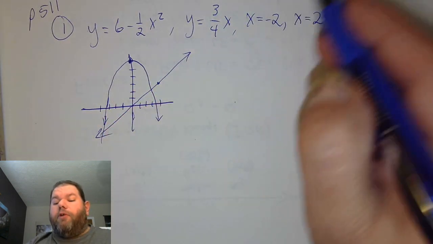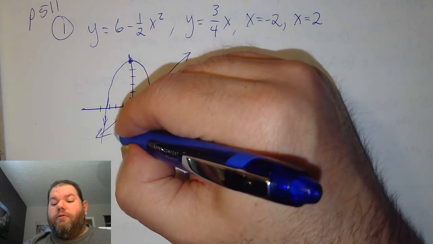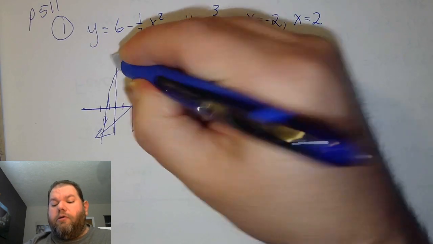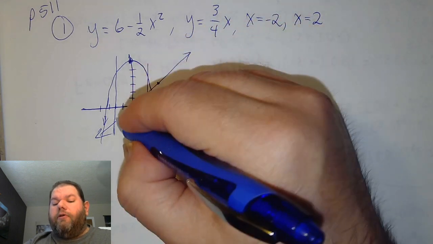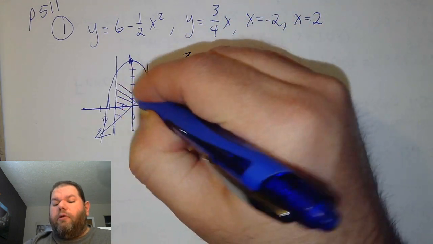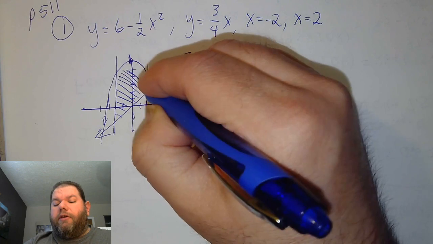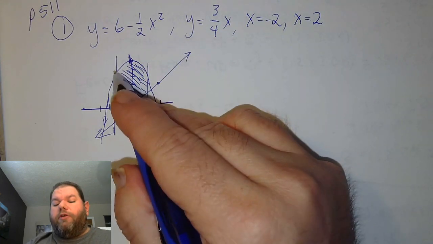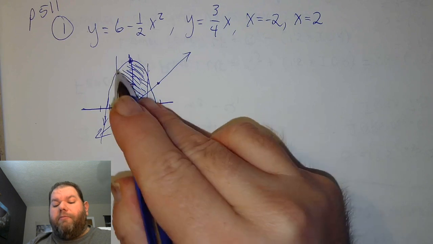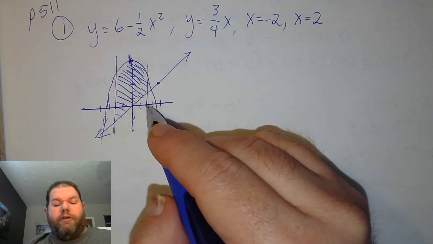Now, we're measuring from -2 to +2. So we're actually not looking at the entire enclosed region, we're just looking at the region between the top curve and the bottom line and between these two lines horizontally.